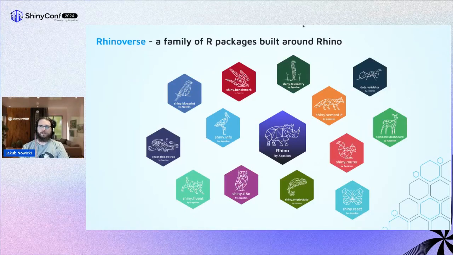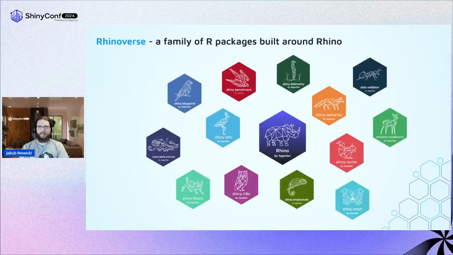Rhinoverse is a family of R packages built around Rhino. And Rhino is an R Shiny framework that we have created at Appsilon using all the insights that we had in our projects.